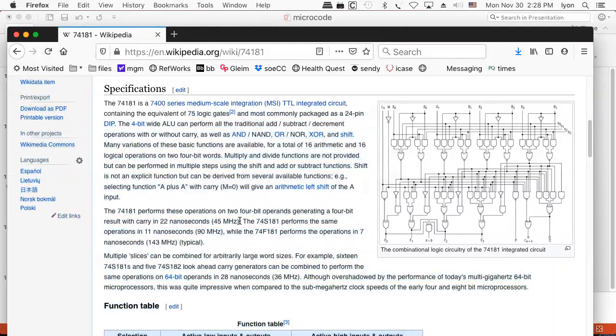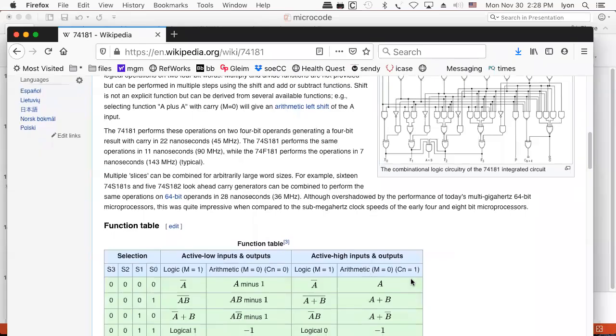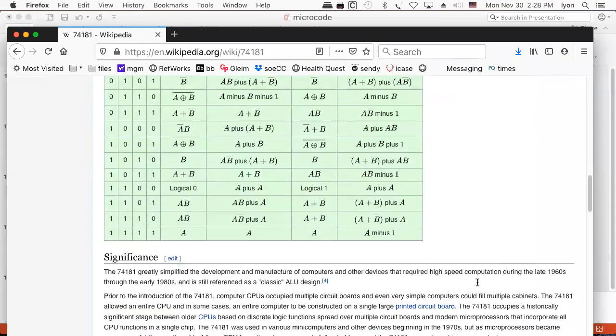And then it says here we had a Schottky version, the 74S181, that could work in 11 nanoseconds, 90 megahertz. And then we got another one that worked in 7 nanoseconds, only 143 megahertz. So these things did not run that fast, especially when you consider modern CPUs are running at gigahertz. So in their day, they were fast.